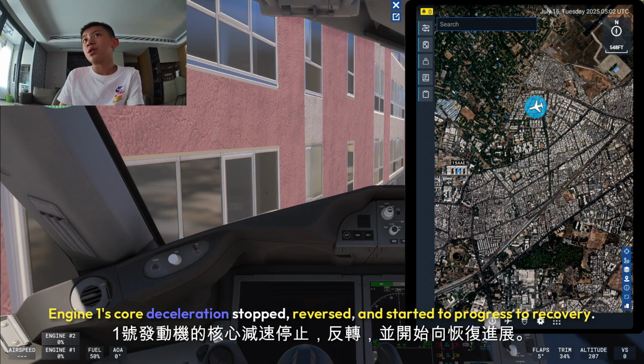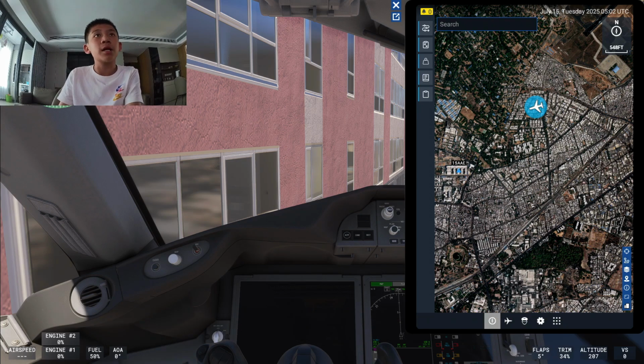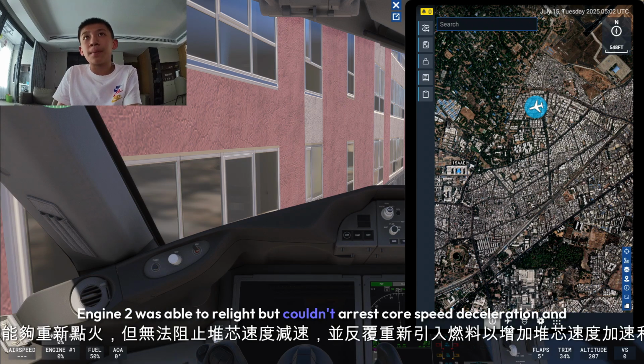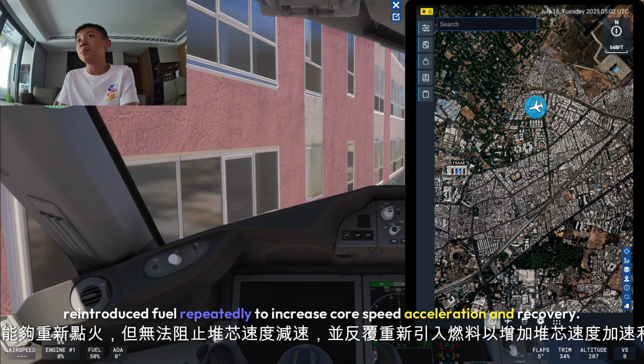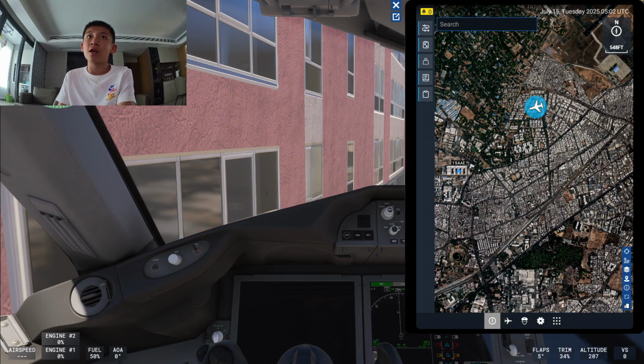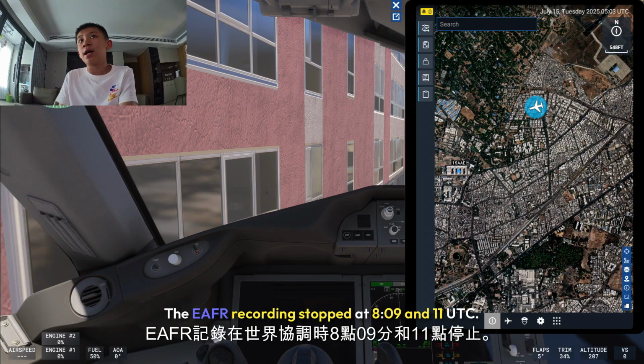Engine 1's core deceleration stopped, reversed, and started to progress to recovery. Engine 2 was able to relight but couldn't arrest core speed deceleration and reintroduced fuel repeatedly to increase core speed acceleration and recovery. The EAFR recording stopped at 8:09:11 UTC.